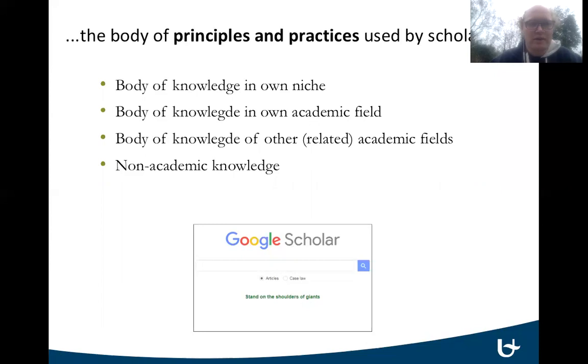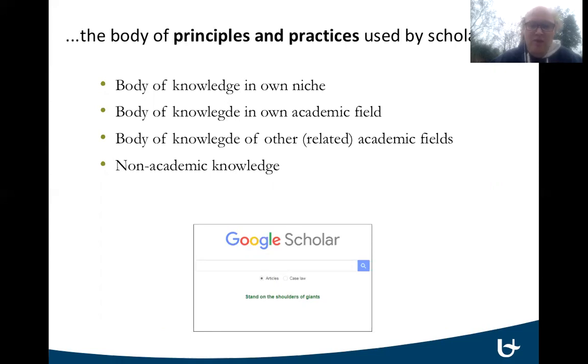So this body of principles and practices, or body of knowledge, has multiple phases. There is the body of knowledge in your own specific niche that you definitely need to know, but you need to go a bit further. You need to situate your niche within the wider body of knowledge in your own academic field for sure, but preferably also in the body of knowledge of other related academic fields, or even non-academic knowledge if you want to start writing and communicating about it.